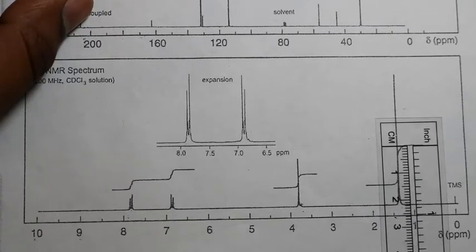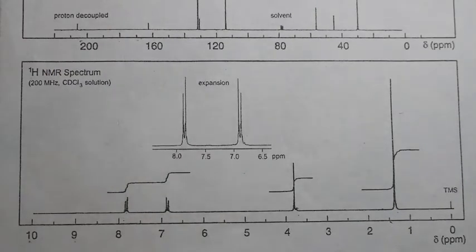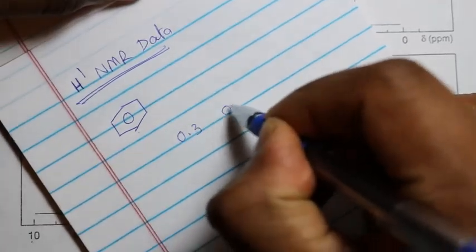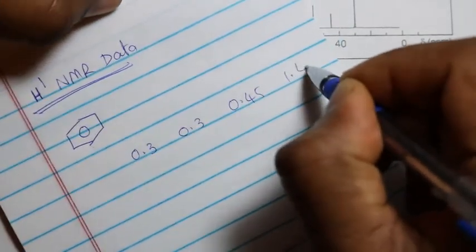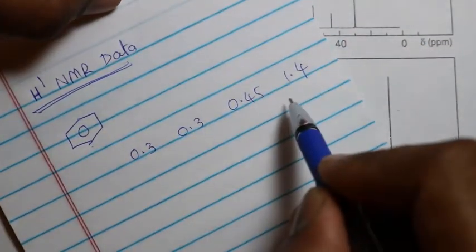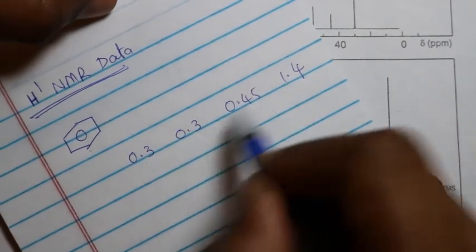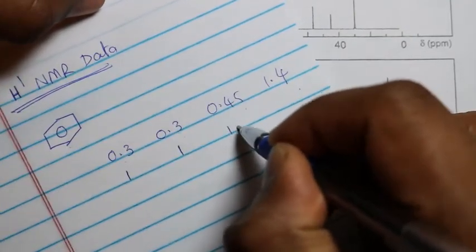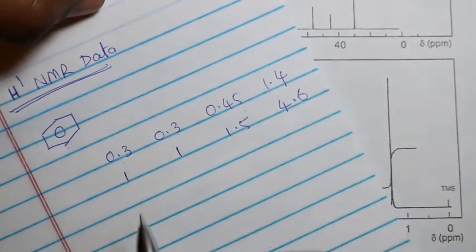And this peak is 1.4-ish. Now if you see the ratios of the numbers, it's 0.3 versus 0.3 and 0.45 to 1.4. Now divide everything by the least number, which is 0.3. If you divide all the numbers by 0.3, we end up with 1, 1, 1.5, and this is around 4.6-ish.